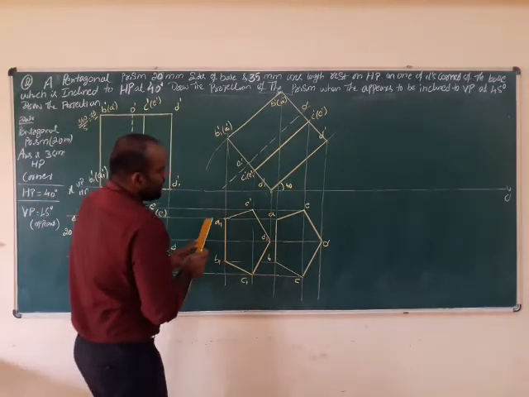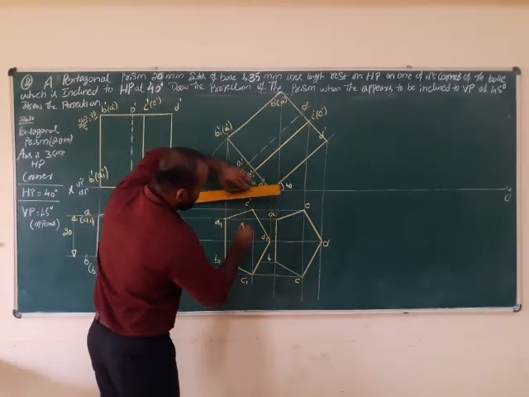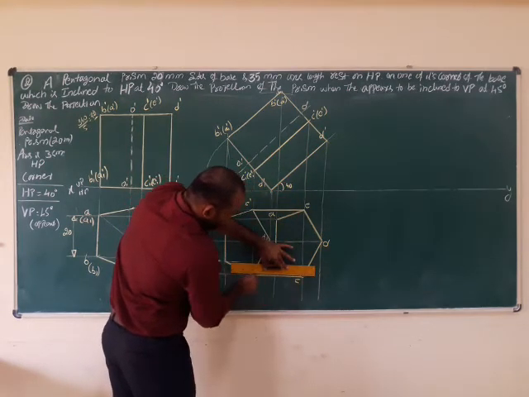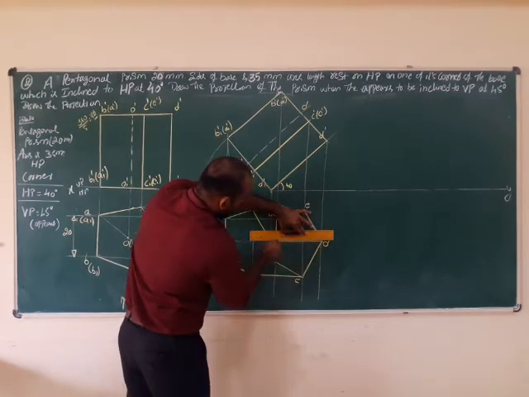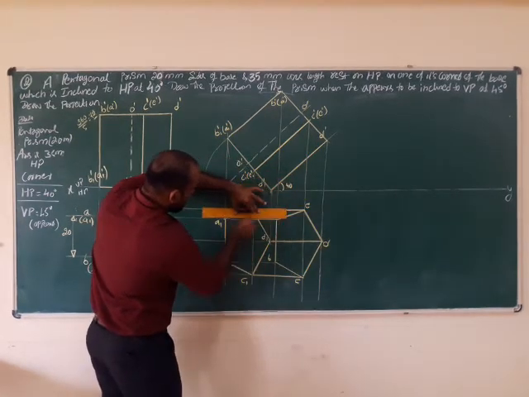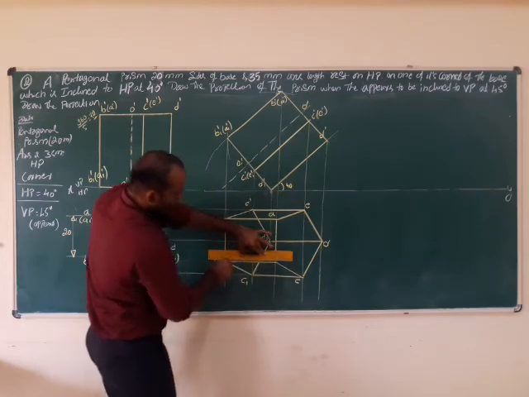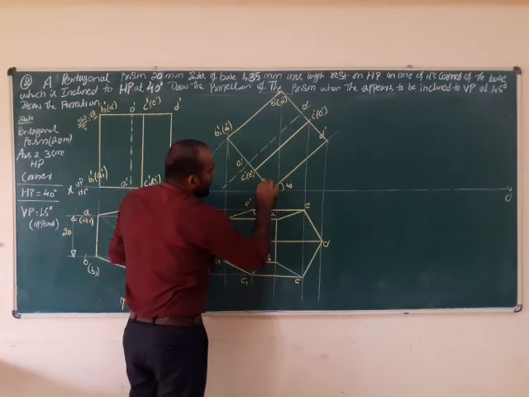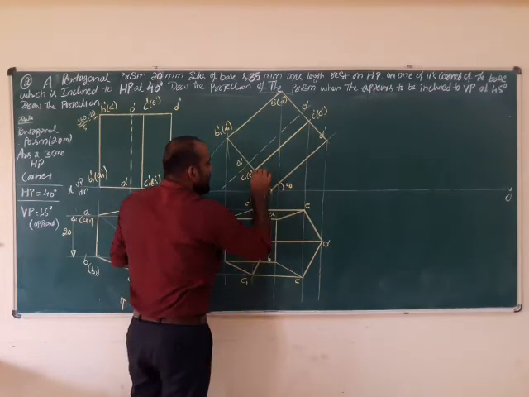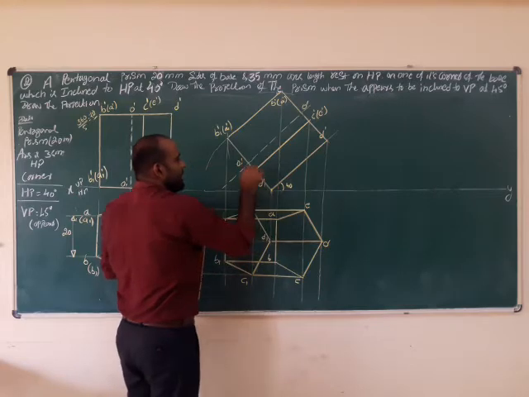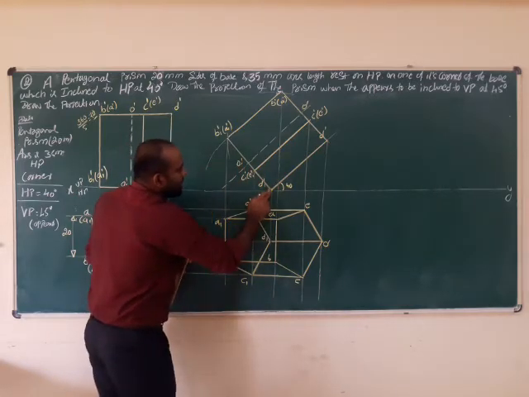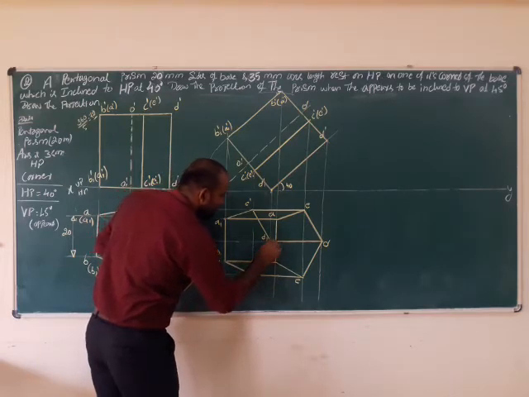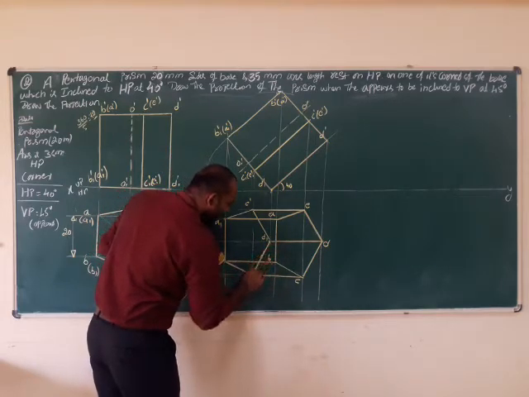Now, to join E to E is a dark line, C to C is a dark line, D to D is a dark line, simultaneously A to A and B to D. But invisible points are there. From the top view, D and E line, D and C is a dotted line, so that's why you have to draw dotted line.